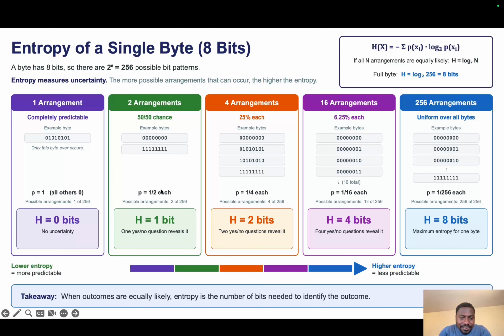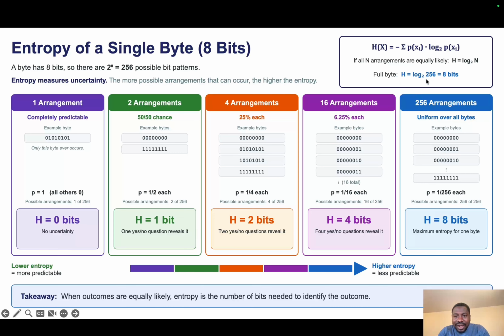Because the p on all the others is zeroed out, in this case only one has a p, and its p is 1. In this case it's 0.5, 0.5, and in this case you have 0.25 each, and then you multiply by the log of the probability. And if you continue doing this, what you have at the end is that the entropy is 8 bits, which is not surprising.